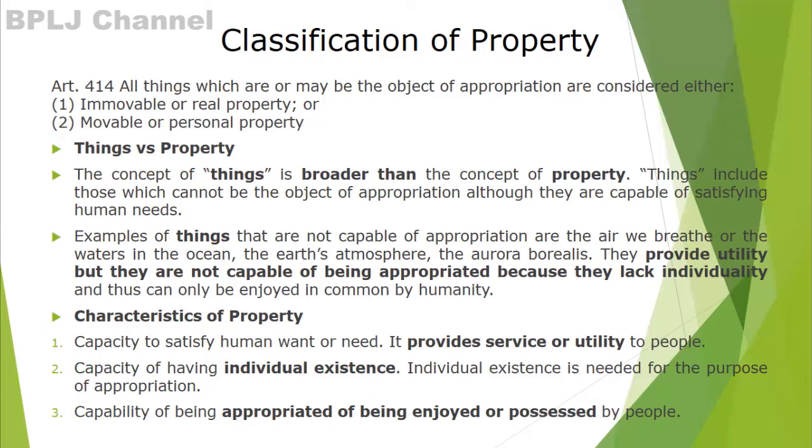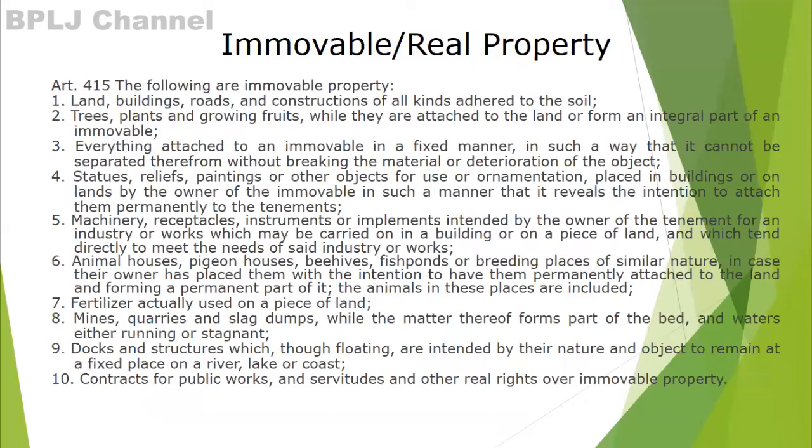For a thing to be considered as property, it needs to be exclusively appropriated or possessed. If it cannot be exclusively appropriated or possessed, then it is a thing, but it cannot be considered as property. So all those three characteristics or attributes must be present for a thing to be considered as property.